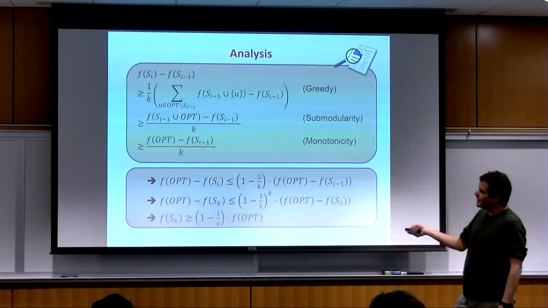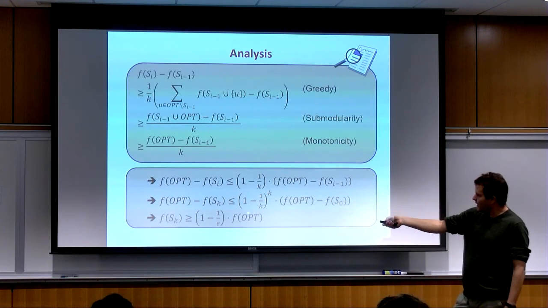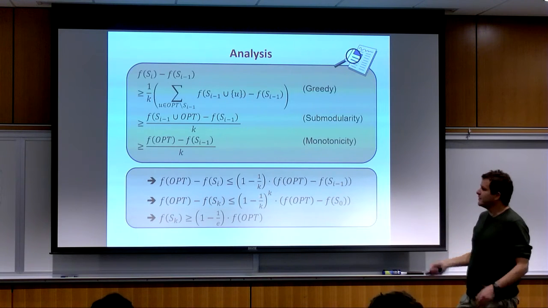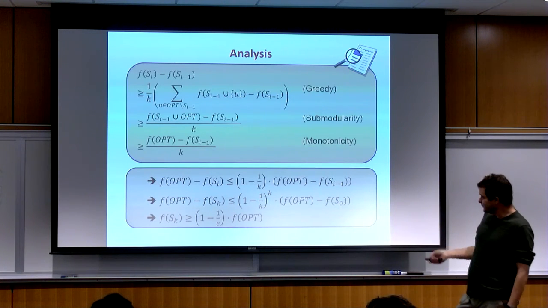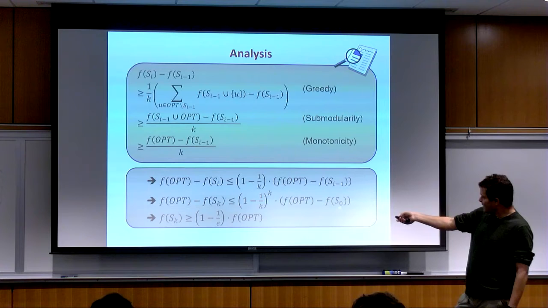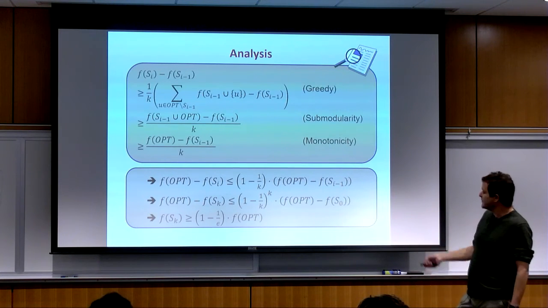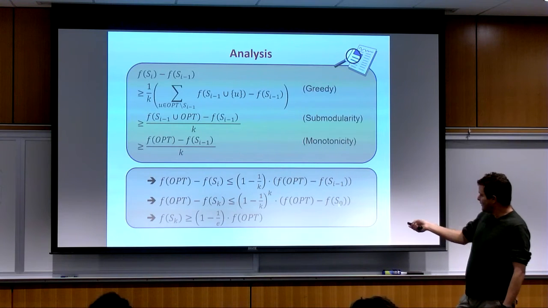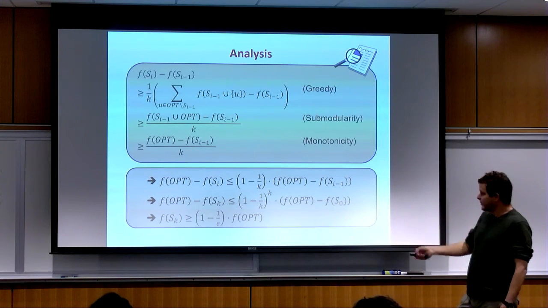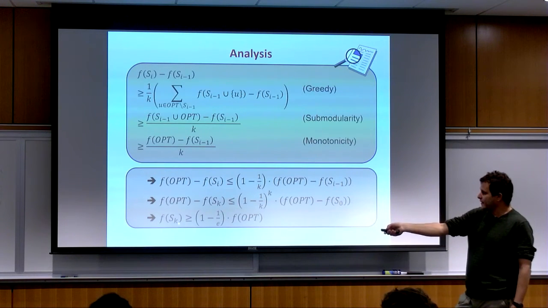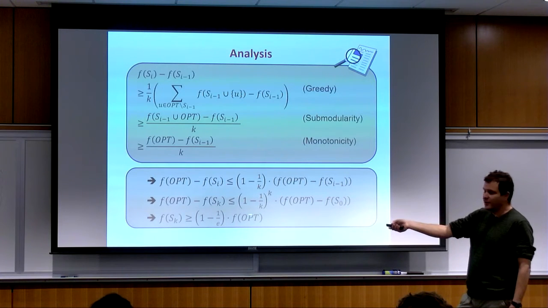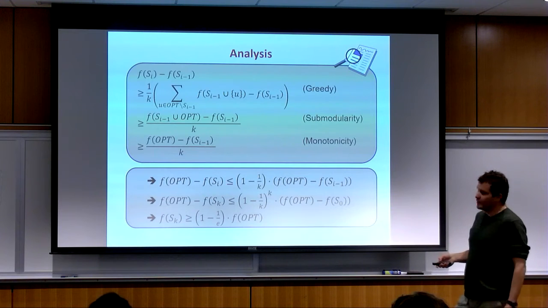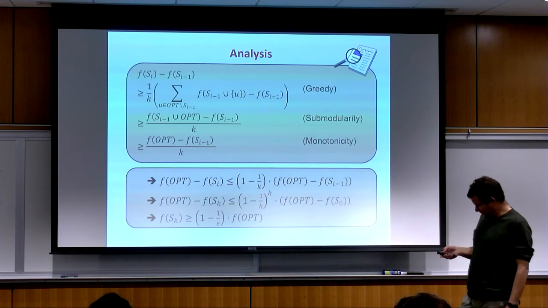So after k iterations, the gap is (1 minus 1 over k) to the k, which is roughly 1 over e. And then since f of the empty set is non-negative, so it is 0, you can assume, then f of Sk is at least 1 minus 1 over e of f of opt. Okay, so this is the whole proof, and it's quite nice.